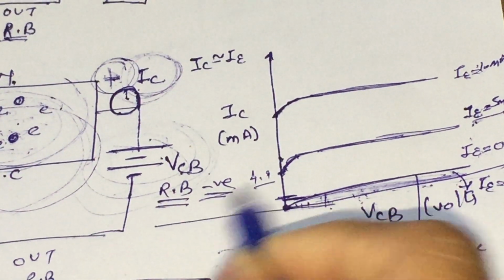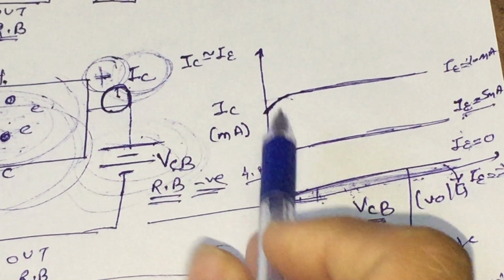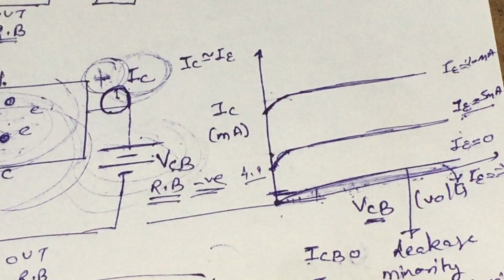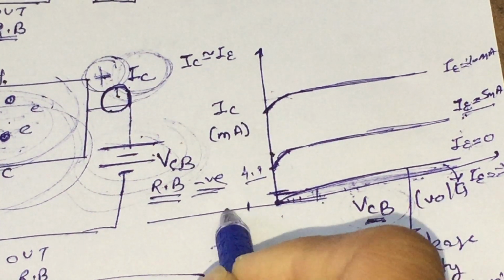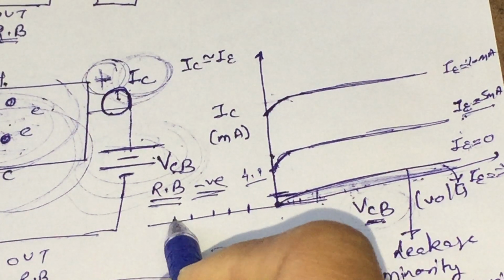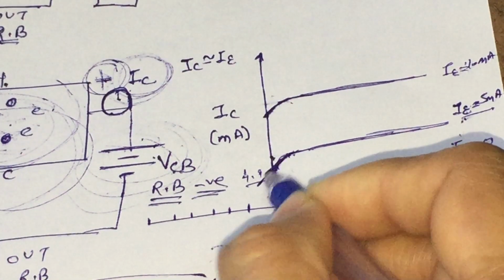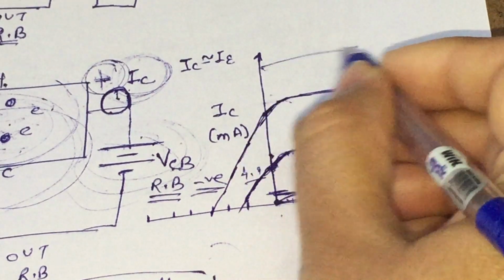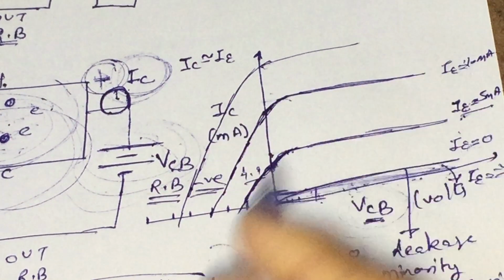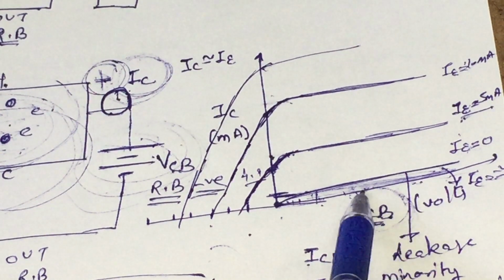We are seeing that the collector current is not equal to 0, even though the output voltage at certain points is 0. If we make this output voltage negative, we will move into the second quadrant of the graph, and we know that at a particular point this collector current becomes equal to 0 in the opposite direction of our output battery.